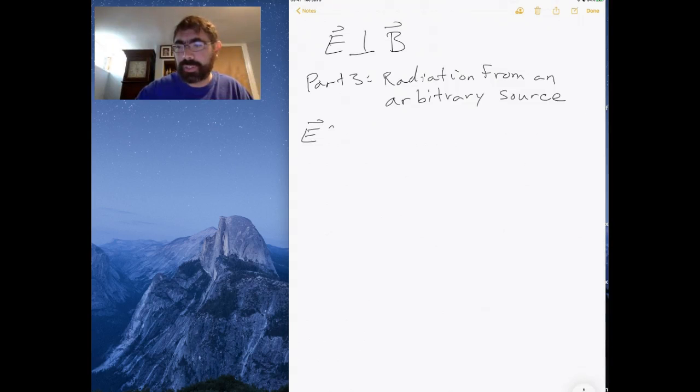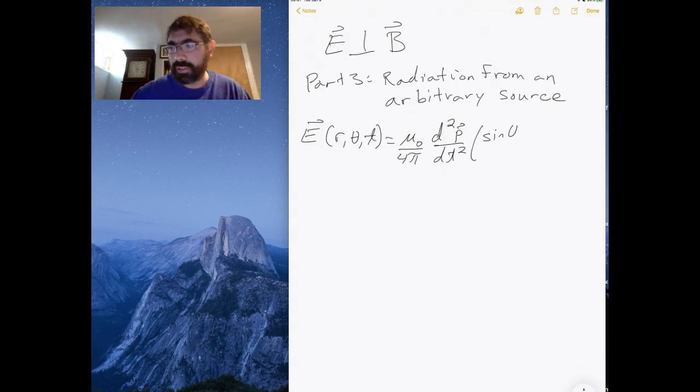So the electric field as a function of r, theta, and time is mu0 over 4 pi, that second derivative of the electric dipole moment, times sine of theta over r in the theta direction.